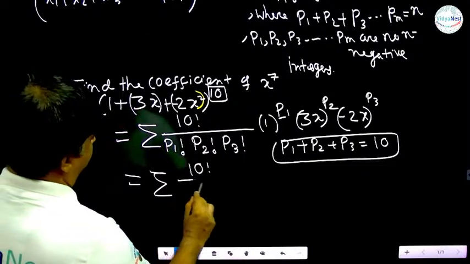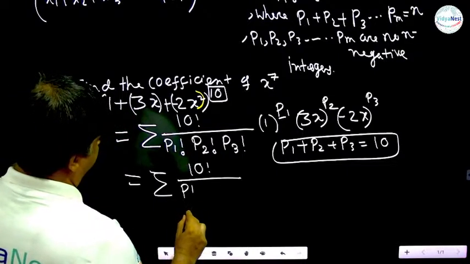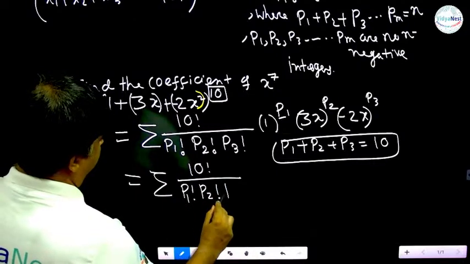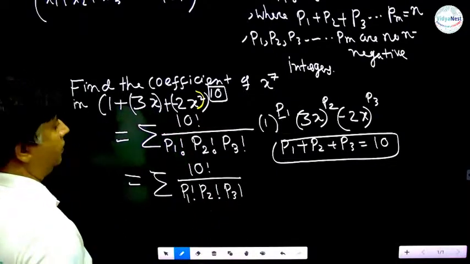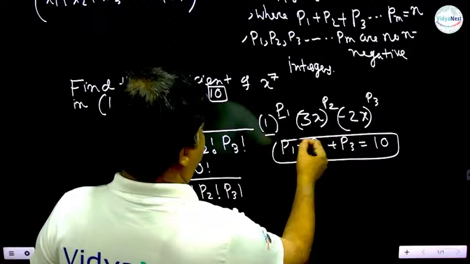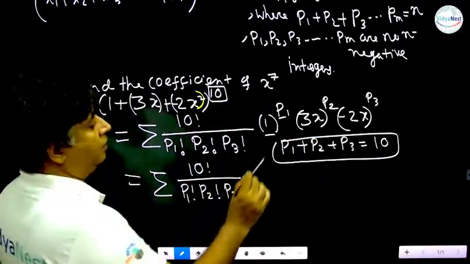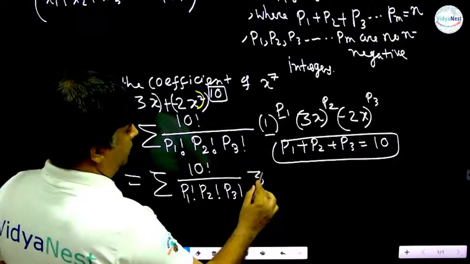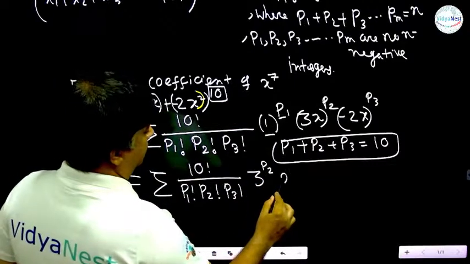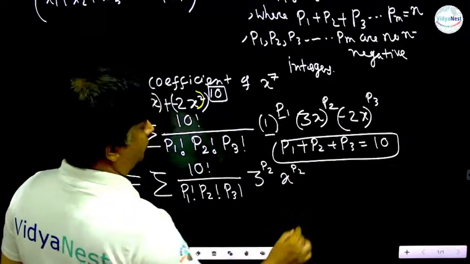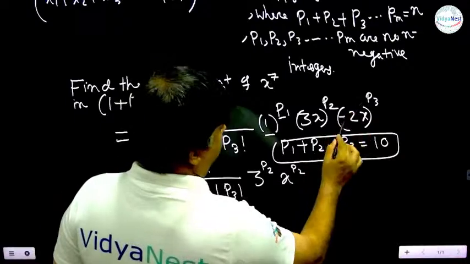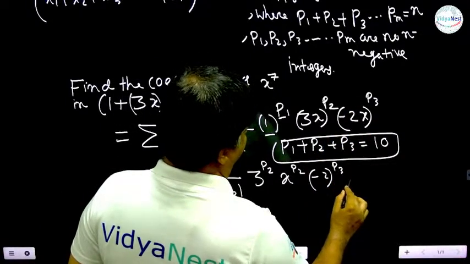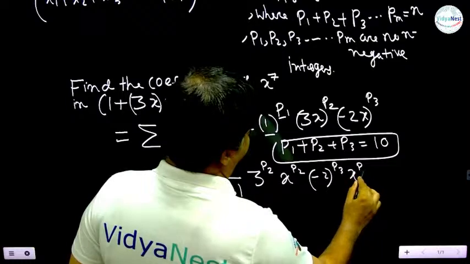Factorial 10, 1 to the power anything is, it will remain 1. p2, ये देखो 3 और x दोनों का पावर है, तो 3 to the power p2, x to the power p2, and this p3 is the power of minus 2 as well as x.